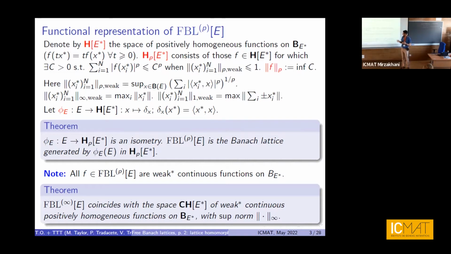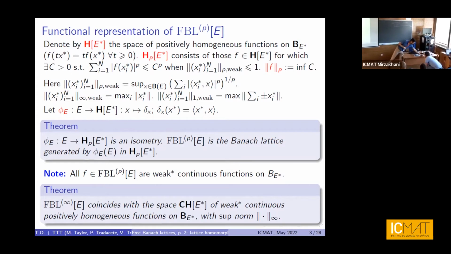Now, it turns out that the case p equal to infinity is special because in this situation, the infinity free Banach lattice will coincide with the space of all positively homogeneous weak star continuous functions on the unit ball of E star, and the norm there.